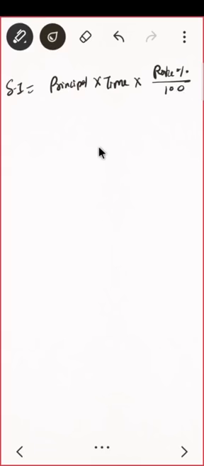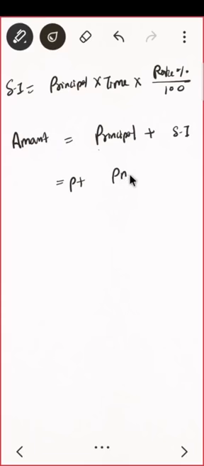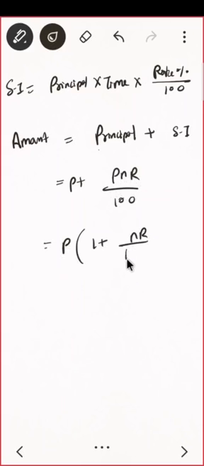And if you want to find the amount, the amount will be principal plus interest, that is P plus PNR upon 100. So you can take P outside, and you'll have P times 1 plus NR upon 100. So this is your simple interest formula. If two of the quantities are known and the third you have to find, then you can easily do that. Let us see some examples quickly.